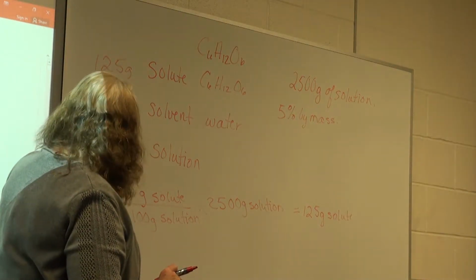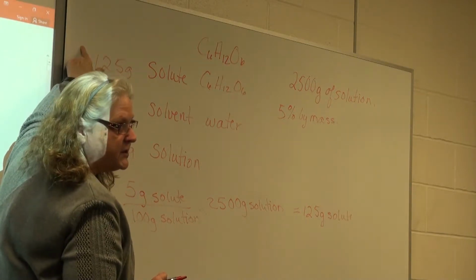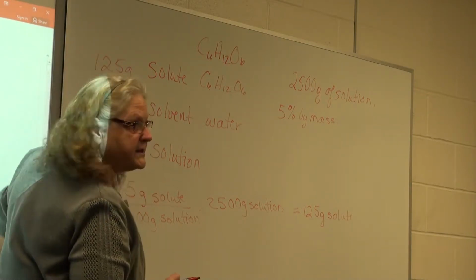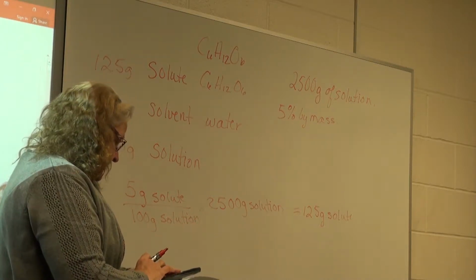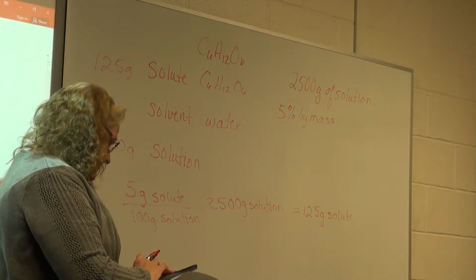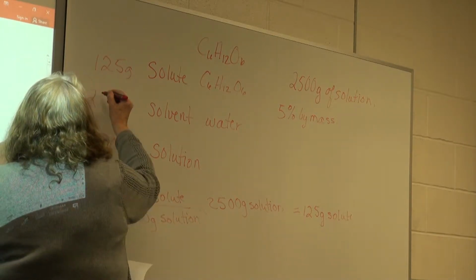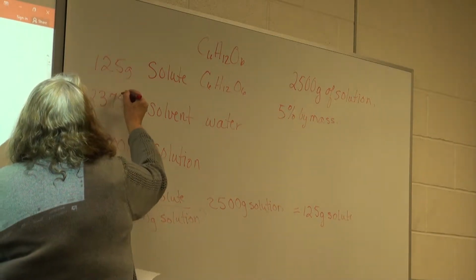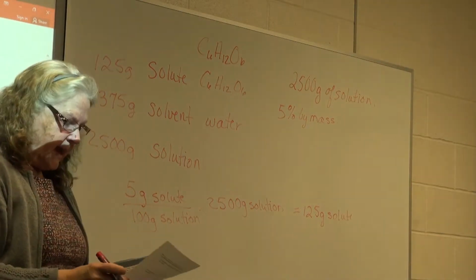If I know how much solution I have and how much solute I'm going to use, then the difference is the amount of solvent. So it's just 2,500 minus 125, which is 2,375 grams of solvent. My solvent is water.